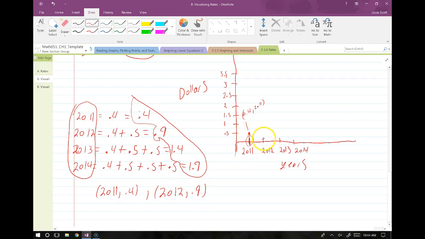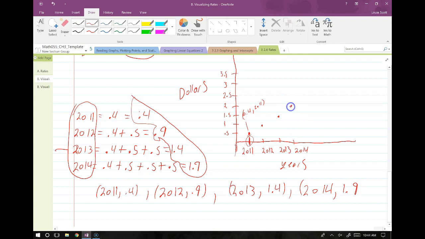Let's graph it, somewhere right around there. 2013, 1.4. Go up to roughly 1.4. And then 2014, 1.9.